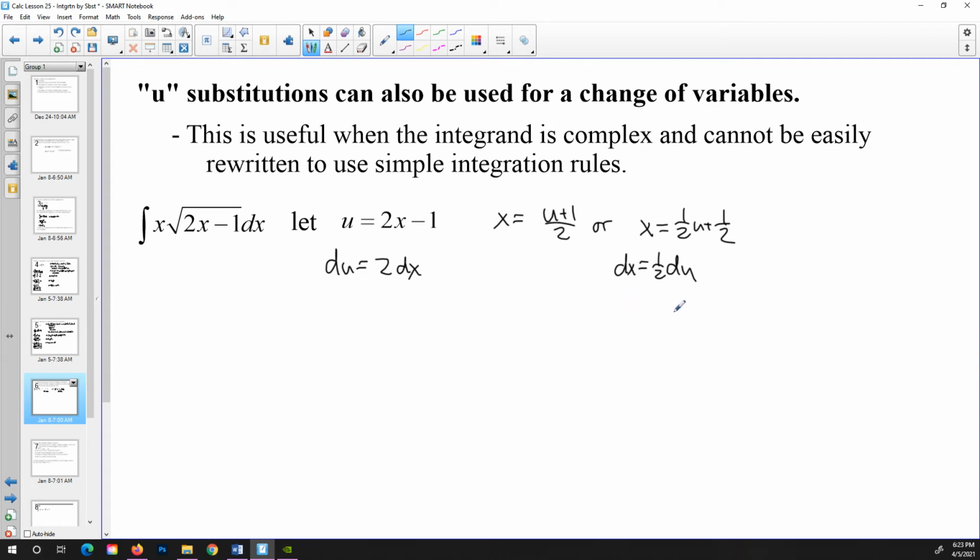And so what this allows me to do is now I have a direct substitution for dx with a constant value. So here's what we're going to do.